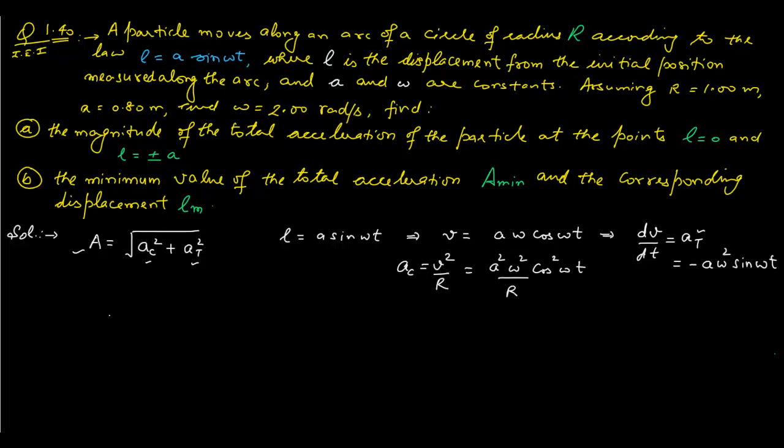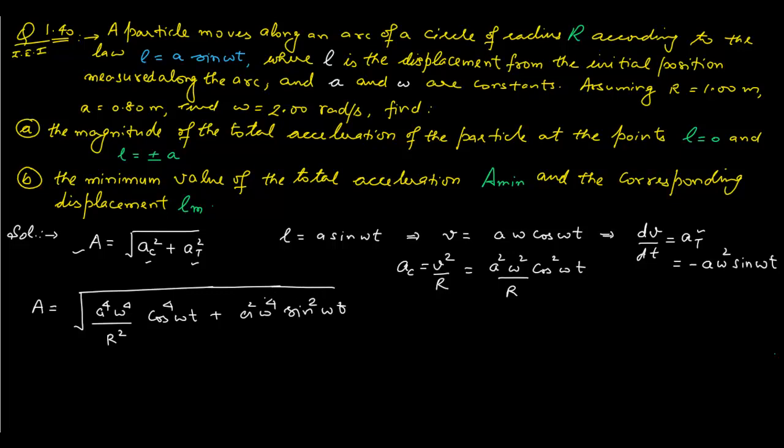So at any instant of time, the total acceleration is the square root of a_c squared, that is a⁴ ω⁴ divided by r² cos⁴ ωt, plus the square of a_t, which is a² ω⁴ sin² ωt. So we get this result for the magnitude of the total acceleration.